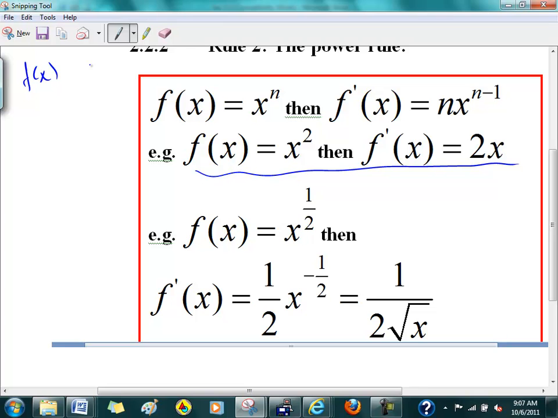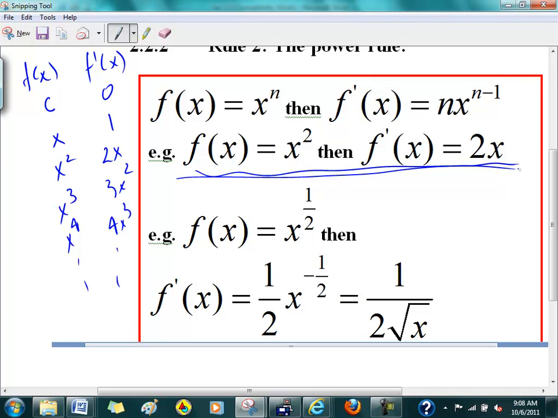It's kind of fairly obvious, but I'll just write it down. So for example, if it's a constant, it's 0. If it's x, it's 1. If it's x squared, it is 2x. If it is x cubed, nice, good job. And if it's x fourth, 4x cubed, okay? And so on.